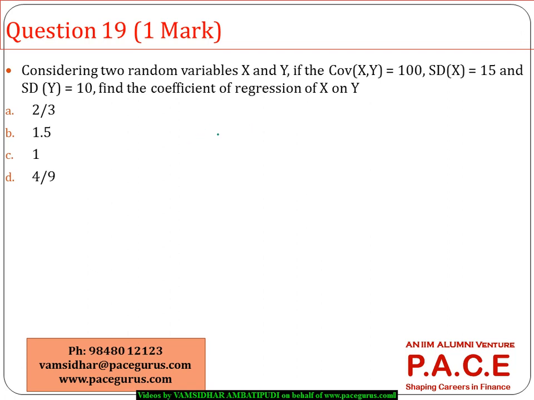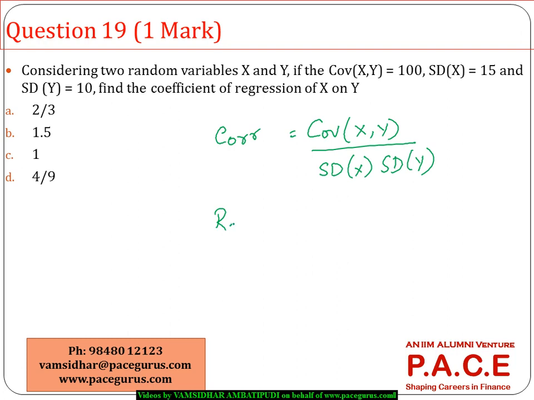Just try to recollect the correlation coefficient. If the question is the case, then we are calling it covariance of x comma y divided by standard deviation of x into standard deviation of y. But if the question is the regression coefficient of x on y, is the dependent variable.